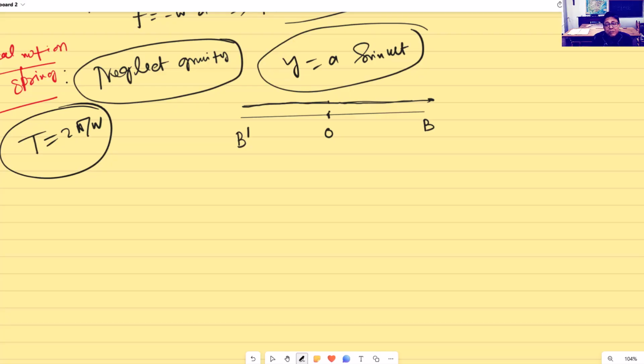Here I am taking a particle or a mass attached at the end of a spring. Okay? The spring is resting on a horizontal surface.